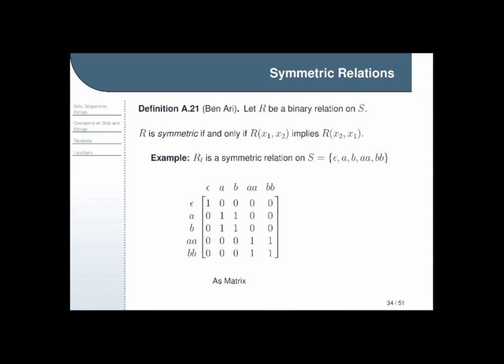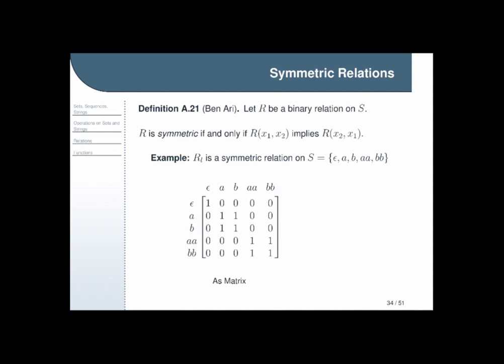I can see, okay, if I have a pair here on this side of the diagonal, I have to have it on the other side too. So in other words, if A is related to B, then when I see B here, B has got to be related to A, right? A related to B means B is related to A.